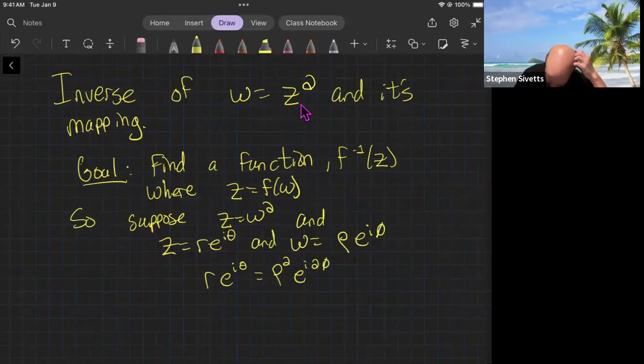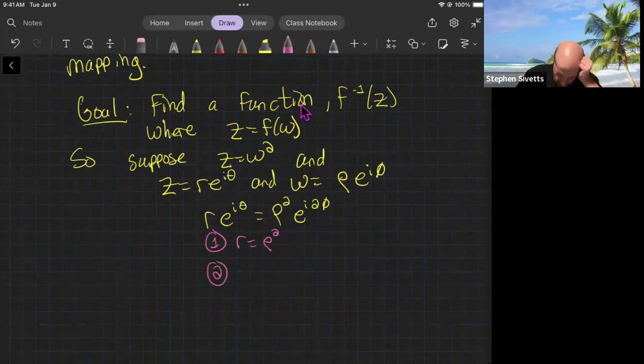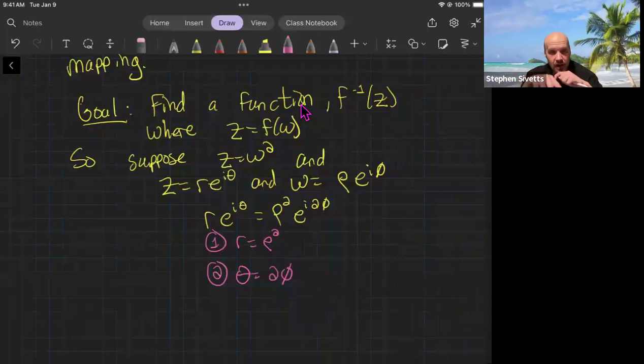So what this means is, 1, R is equal to rho squared, and 2, theta is equal to 2 times phi. But with theta, we have to realize that if we rotate theta with a multiple of 2 pi, clockwise or counterclockwise, we'll get the same result.